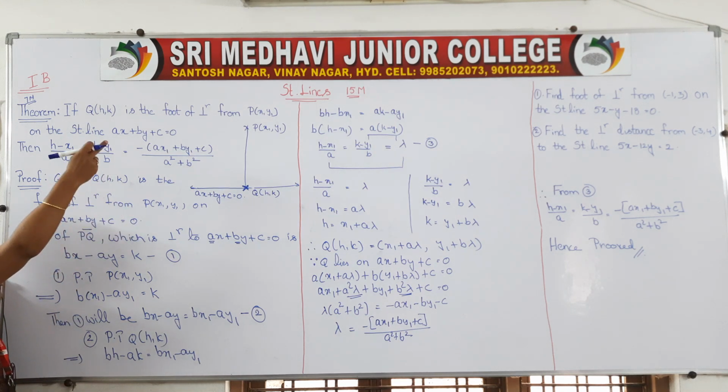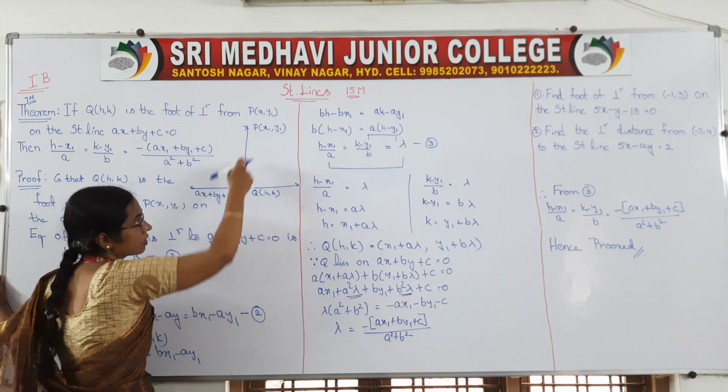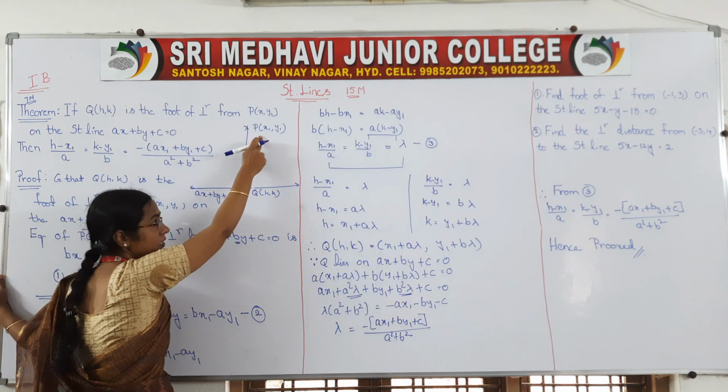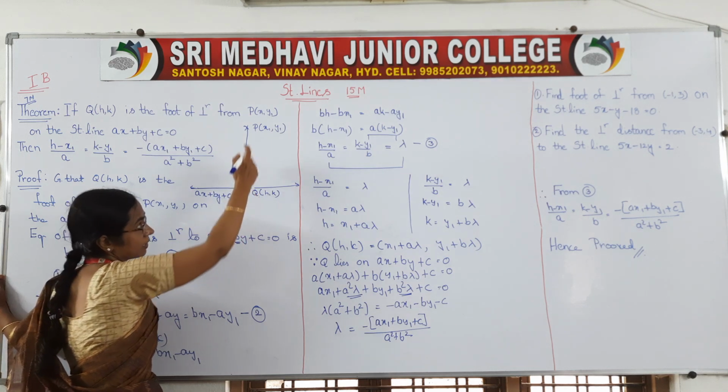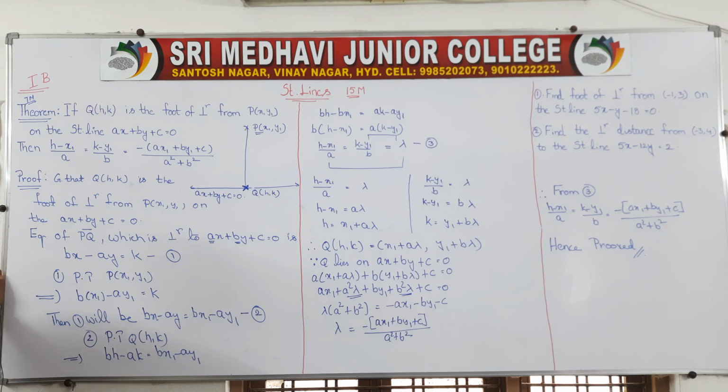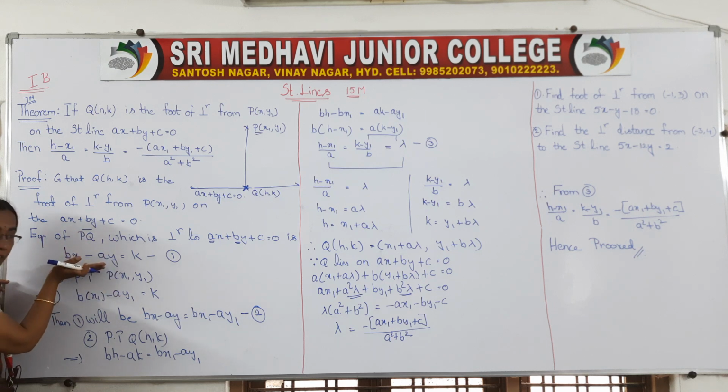Okay, this is nothing but the equation of PQ. Equation of PQ means this line. It passes through P and it passes through Q, or P lies on this line and Q also lies on this line. So first you take P(x1, y1) lies on this line. So it passes through P(x1, y1). Passes through means it satisfies that equation.